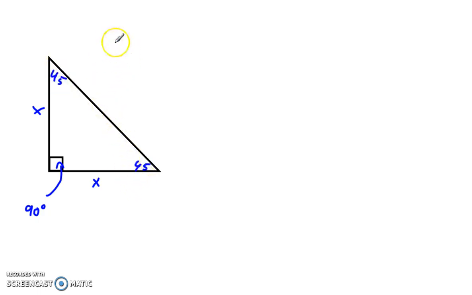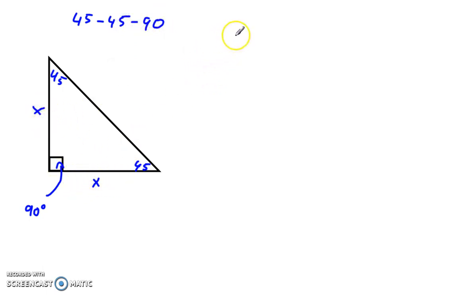So we call this a 45, 45, 90 triangle. That's a special triangle because these two sides are the same.